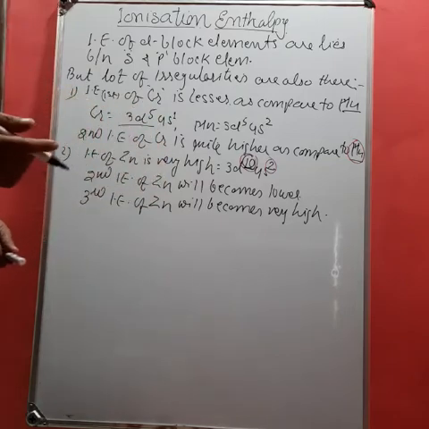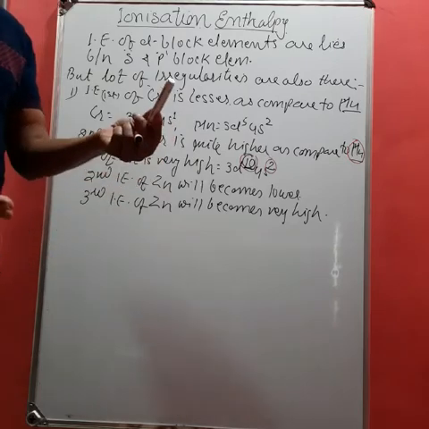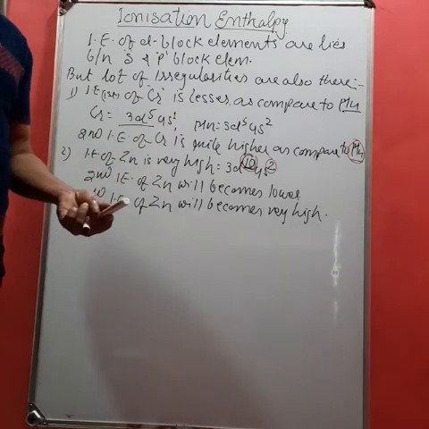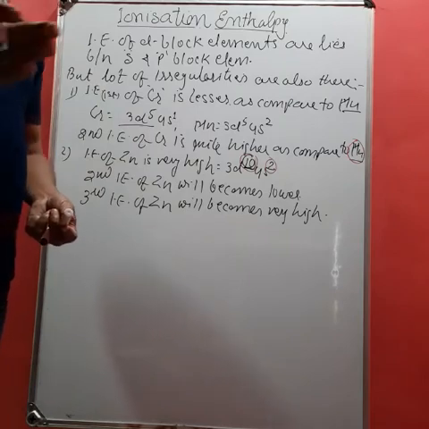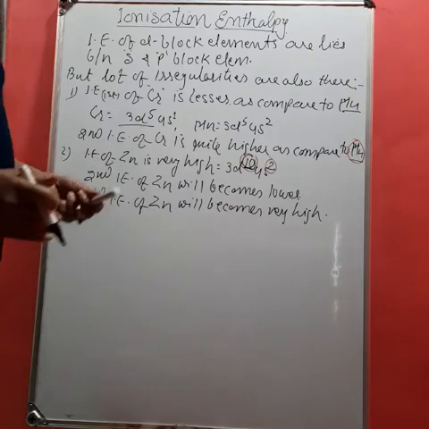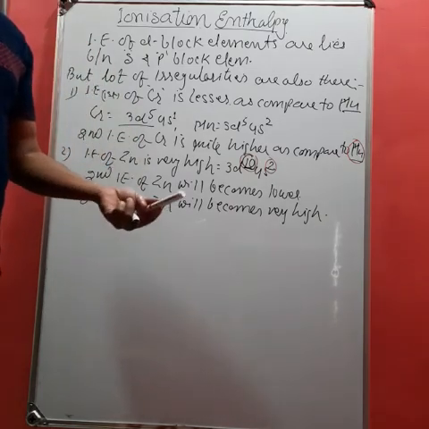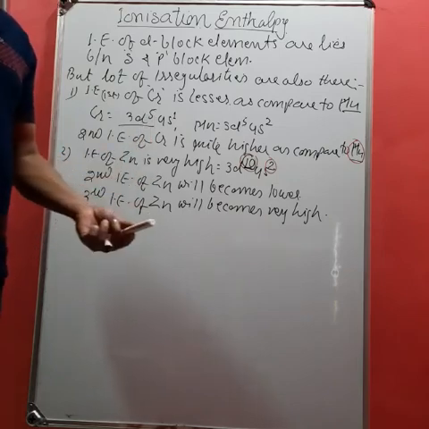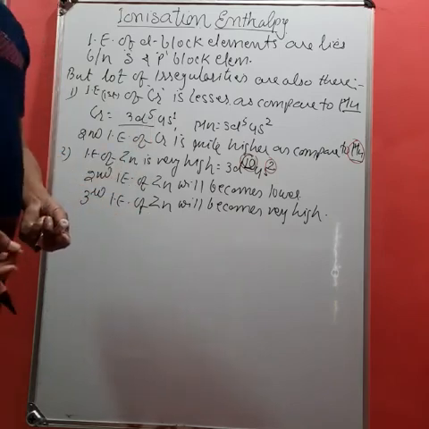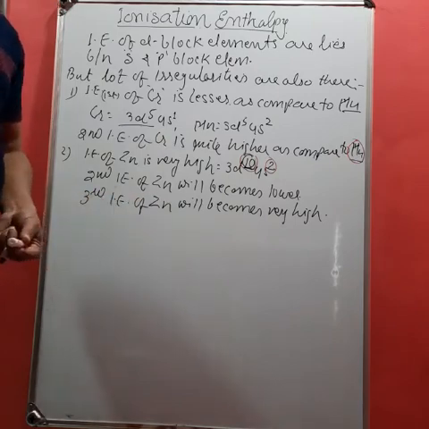Actually, student, after removal of an electron, there is energy exchange that takes place between the s and d subshells. After removal of an s electron, sometimes the d becomes fully filled or sometimes half filled, like in the case of chromium and in the case of copper.